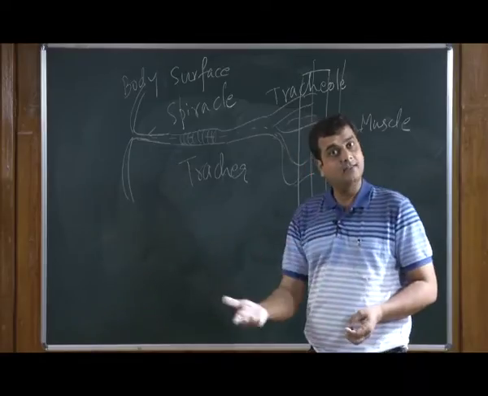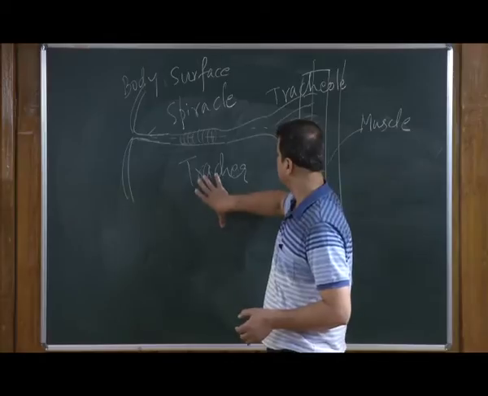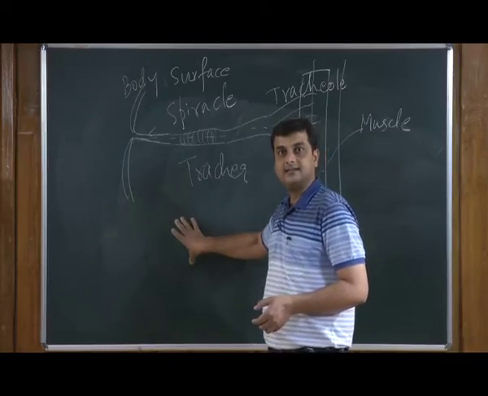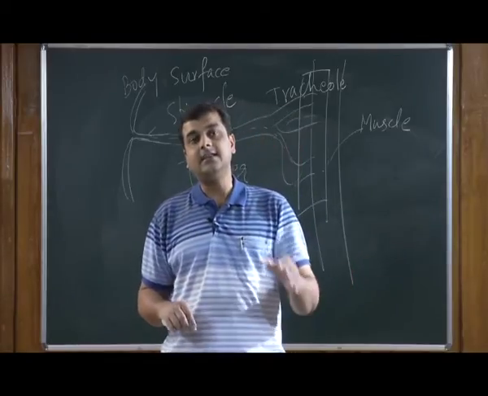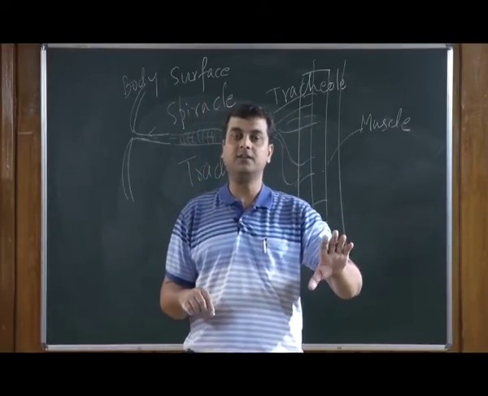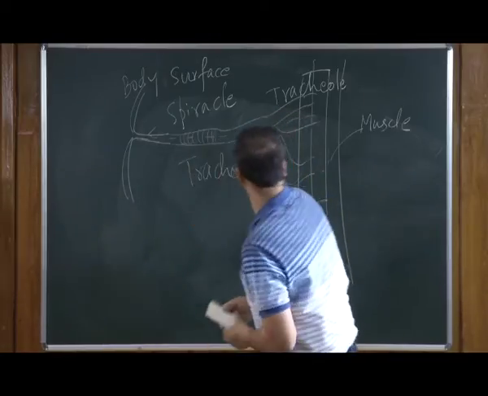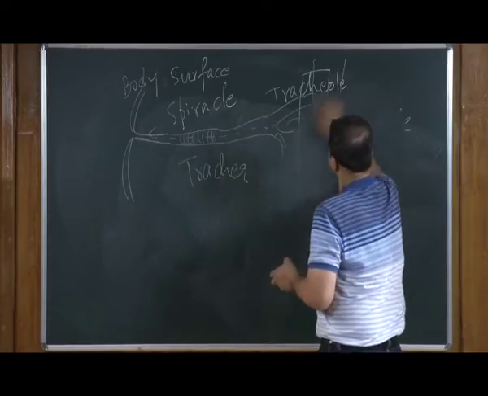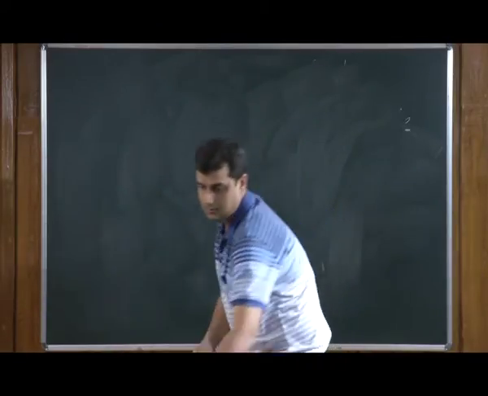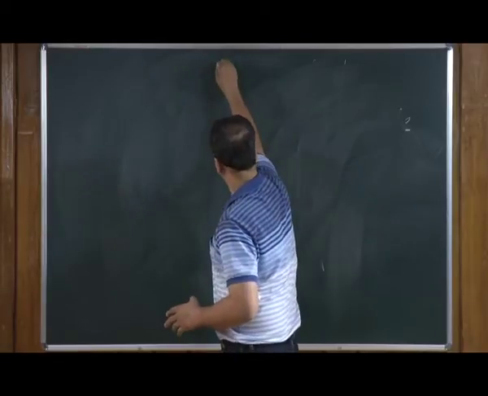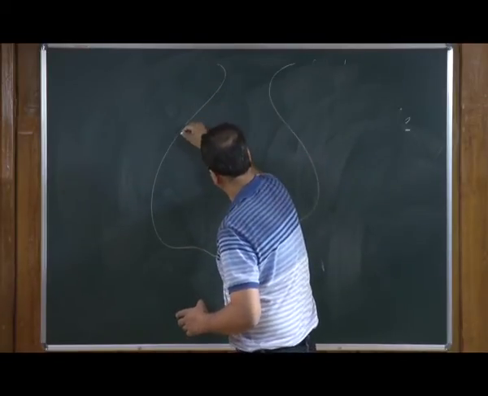Now, we have exceptions in the whole animal kingdom. We have a very specialized structure that we discussed in our very first class, that in the terrestrial arthropods we have book lungs. Now, if you see the structure of book lungs, suppose we have roughly these areas.